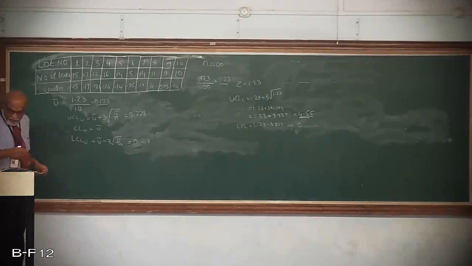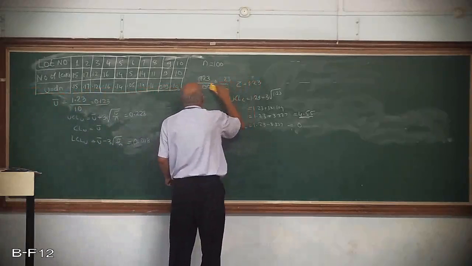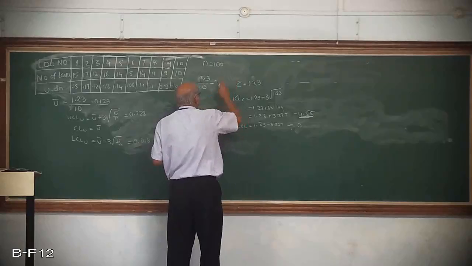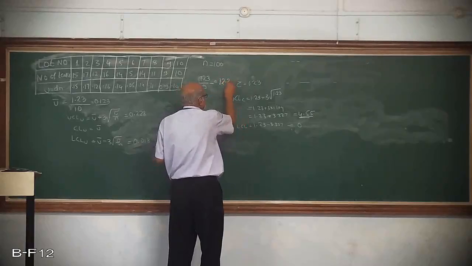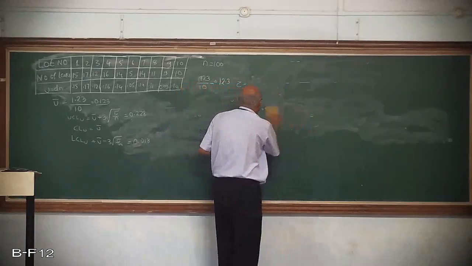Okay. Sorry, I made a mistake. There is a mistake here. It is not 100, it is going to be 10. C bar is 12.3, sorry, I made a mistake.